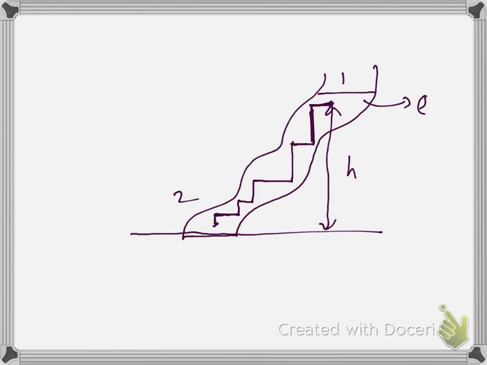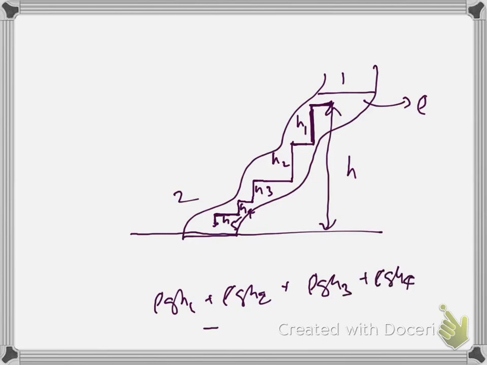So all verticals, if I call these heights h1, h2, h3, h4 and h5, pressure increased by rho g h1 plus rho g h2 plus rho g h3 plus rho g h4 plus rho g h5, which is nothing but rho g into the sum of h1, h2, h3, h4, h5, which is h.